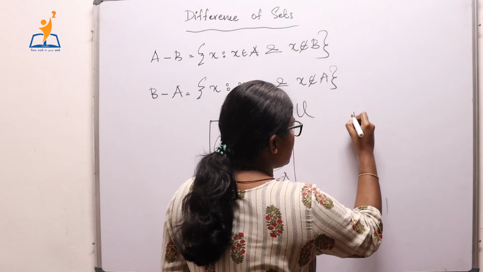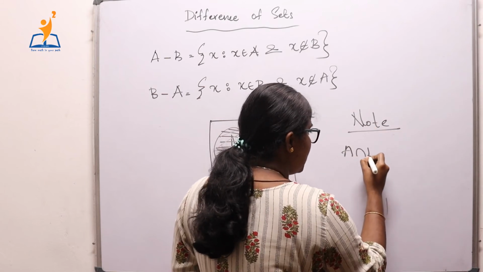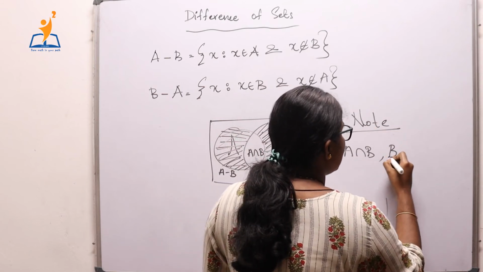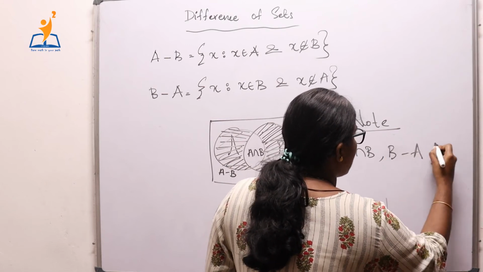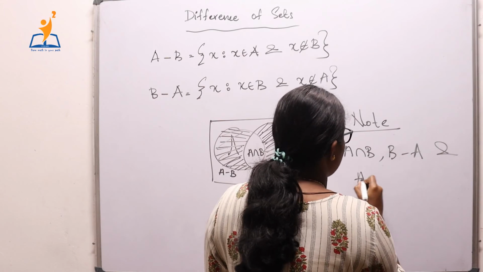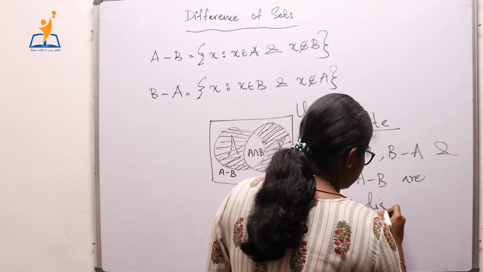So it is an important point to note that A intersection B, B minus A and A minus B are disjoint sets.